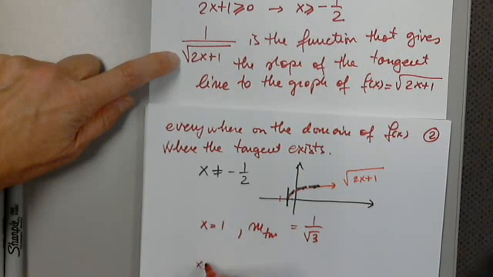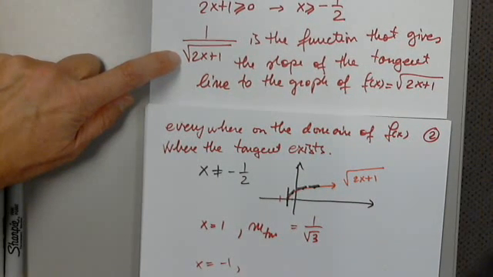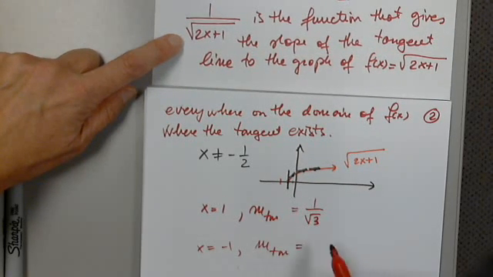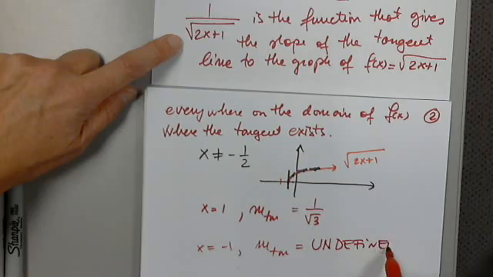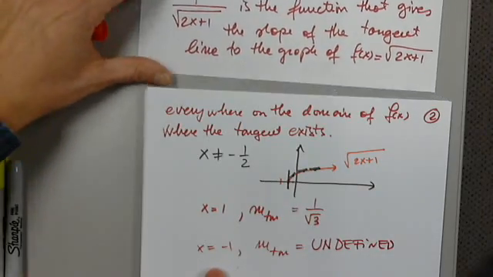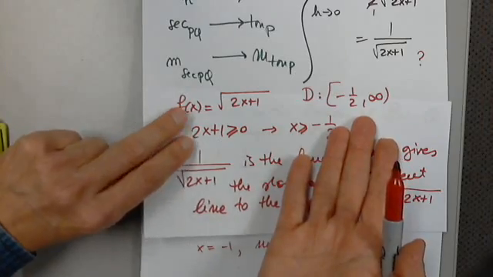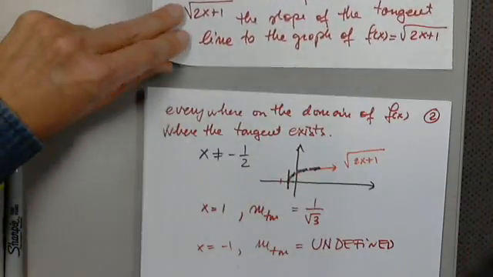One more. Let's say when x is -1. The function doesn't even exist at -1. How can it have a tangent? If it's undefined, it cannot have a tangent.